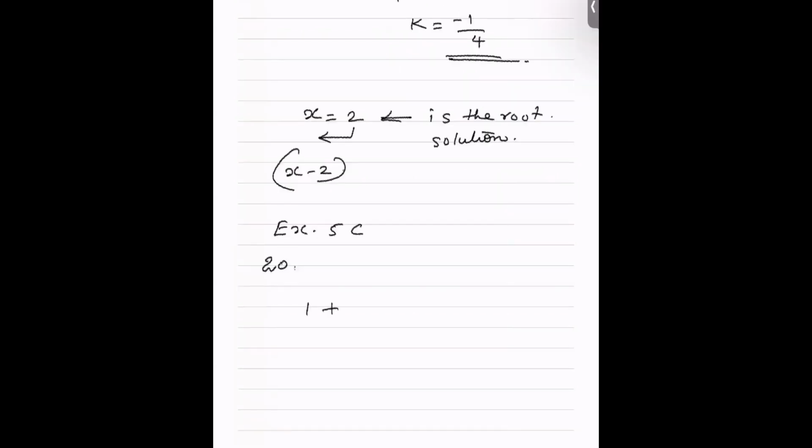Next question: 1 plus 1 by x plus 1, into 1 minus 1 by x minus 1, equal to 7 by 8. Solve the equation using the factorization method.